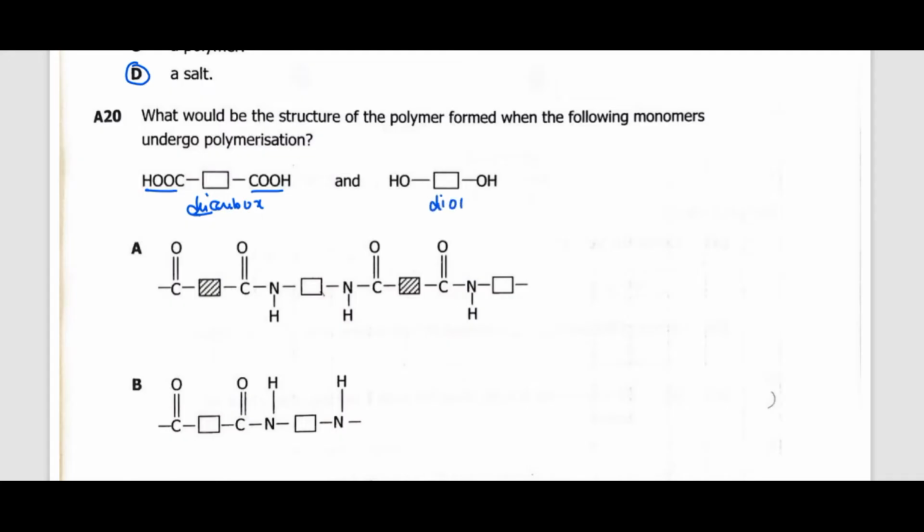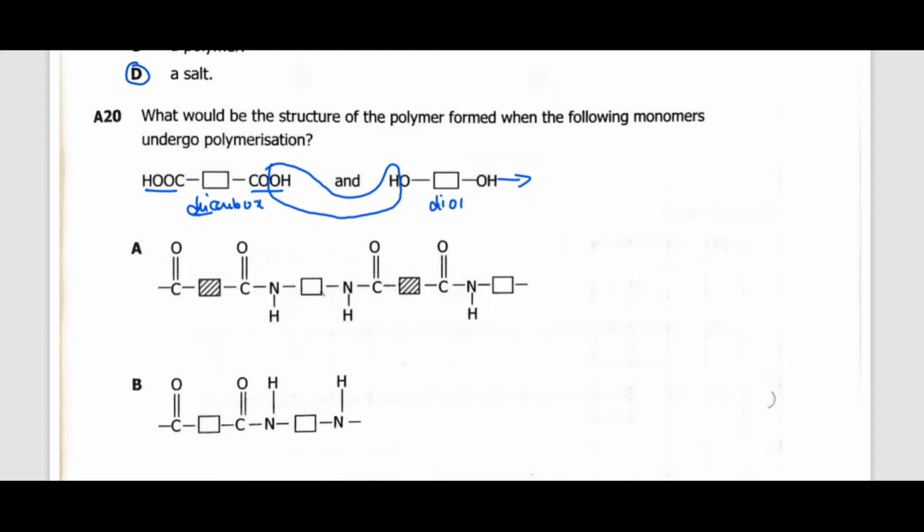We have 2 functional groups for what? For alcohol. Now, what happens if these 2 react? So what you need to know is from the acid part, we are going to remove the hydroxide. Then from the alcohol part, we are going to remove the hydrogen. Why? These must form water. Then from there, we are going to connect whatever remains.